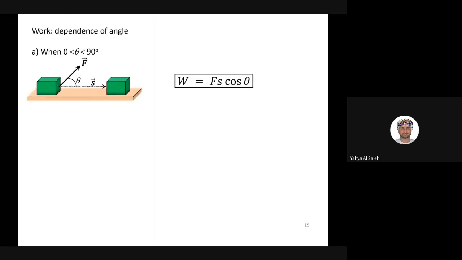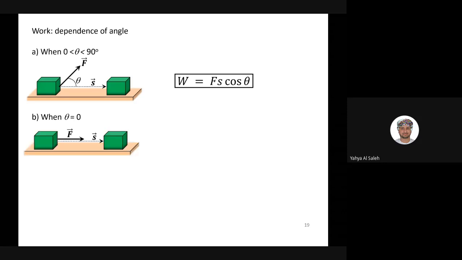Let's look at the dependence of angles, since work is Fs cosine theta. When my angle is anywhere between 0 and 90 degrees, my work is Fs cosine theta. What about when my force is parallel? Theta is equal to 0.